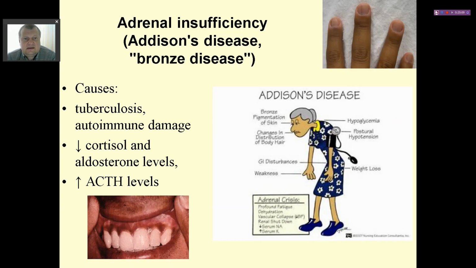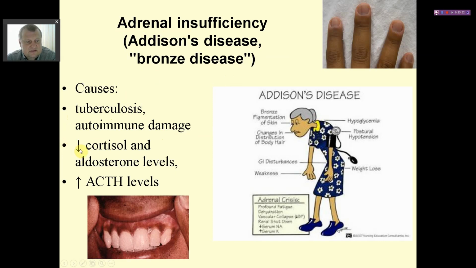This Addison's disease, or another name, the Bronze disease or adrenal insufficiency, could be caused by the next problems. It could be caused by tuberculosis or autoimmune damages.